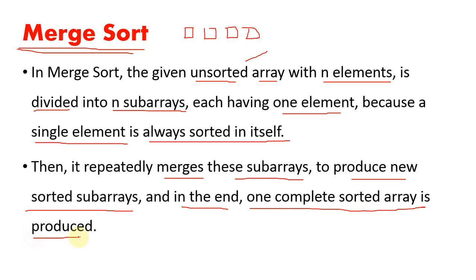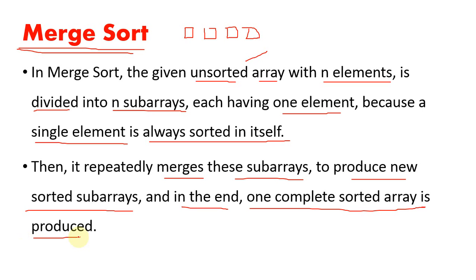is produced. Means very first you are going to divide the list into different lists, until the list has a single element. Once the list has a single element, we'll stop the dividing procedure. Then we are going to solve the problem, whatever it may be.